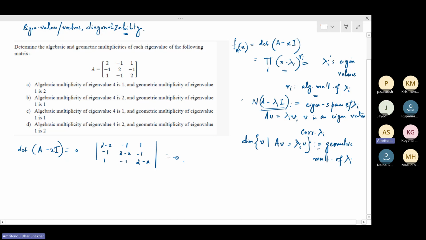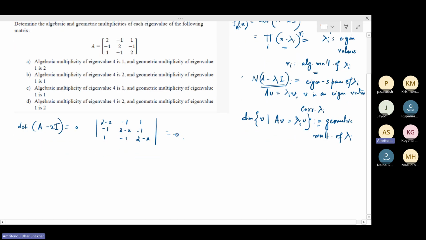Skipping the computation, there isn't anything fancy going on, it's just doing the computation, and you get this to be equal to (x minus 1) squared times (x minus 4).